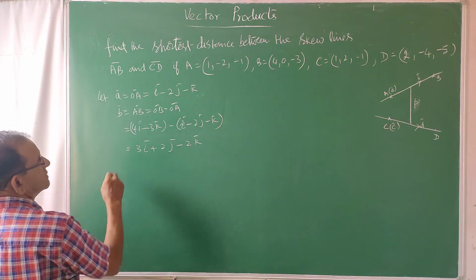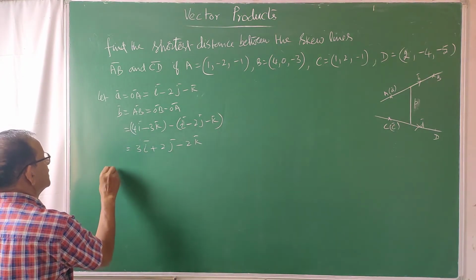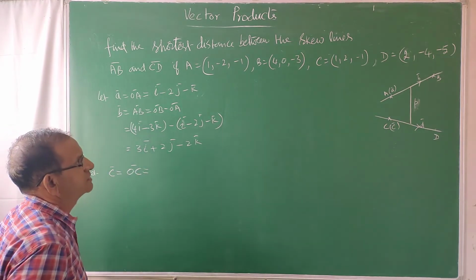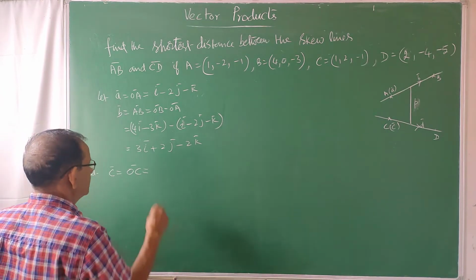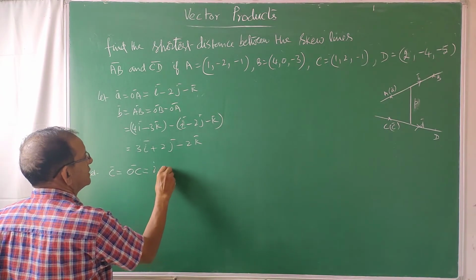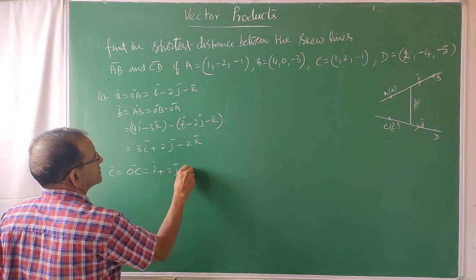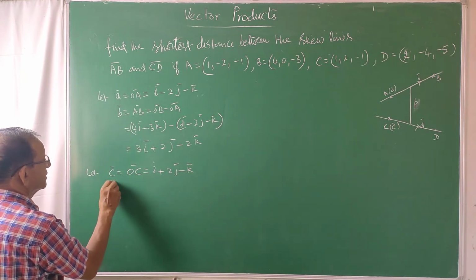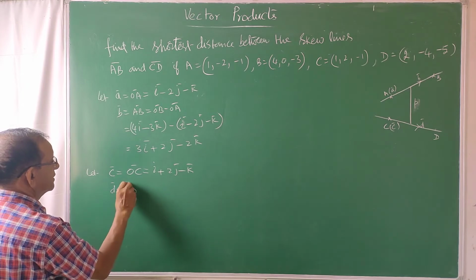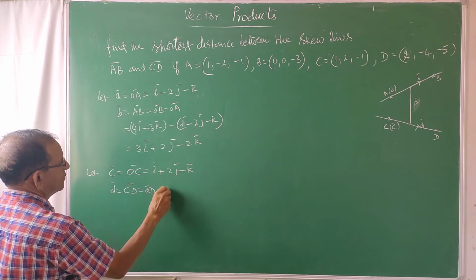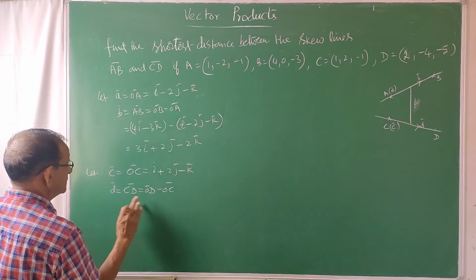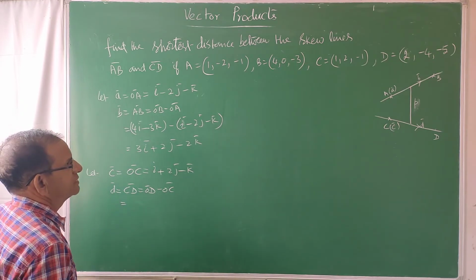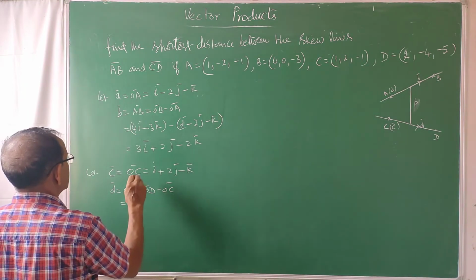Next, take C bar equal to OC bar. C coordinates are 1, 2, minus 1, so OC bar is I bar plus 2j bar minus k bar. Next, D bar is CD bar, so we take OD minus OC.